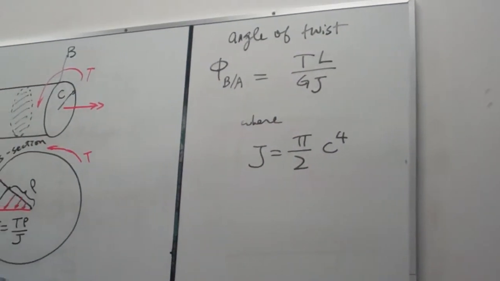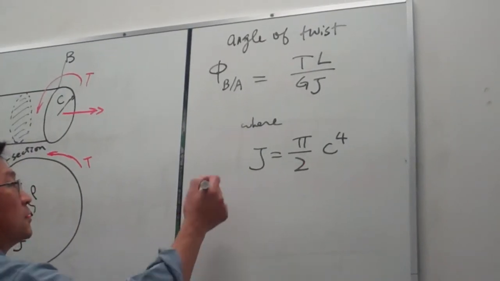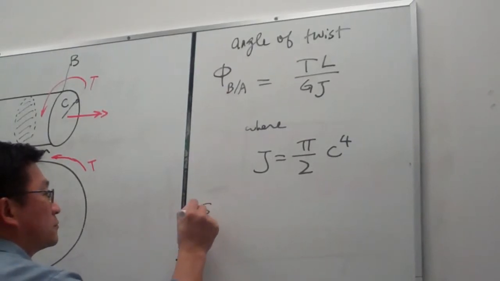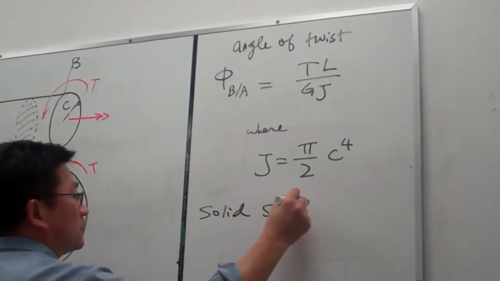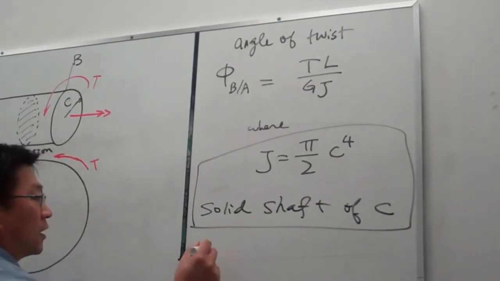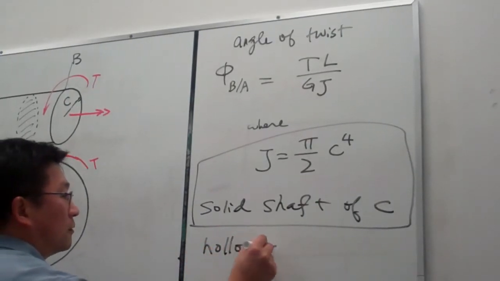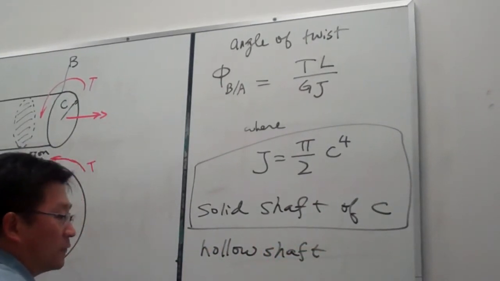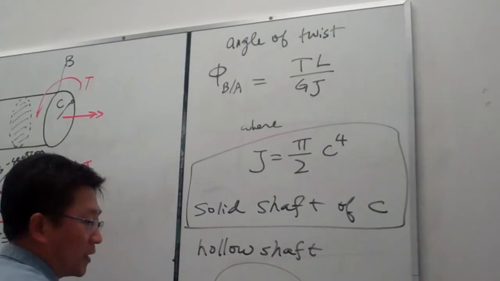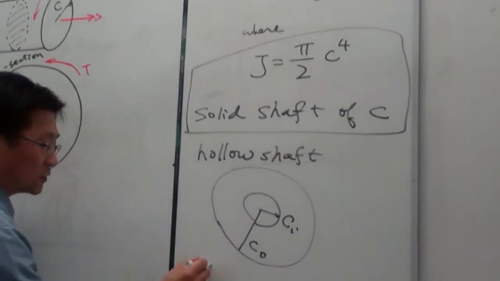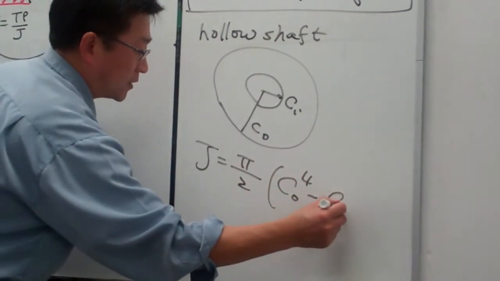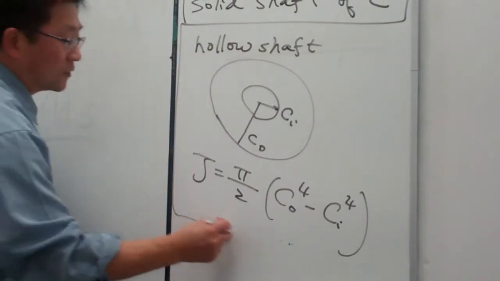This is for a solid shaft of radius c. And for a hollow shaft, for example, we have the inner radius ci and the outer radius co. So J will be equal to pi over 2 times co to the fourth minus ci to the fourth, and that is for the hollow shaft.